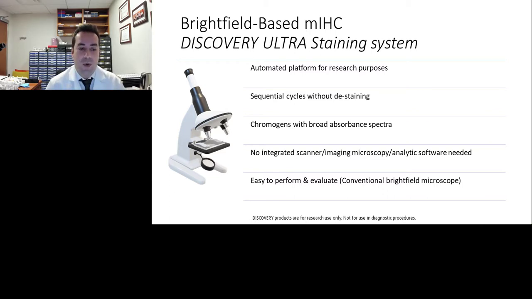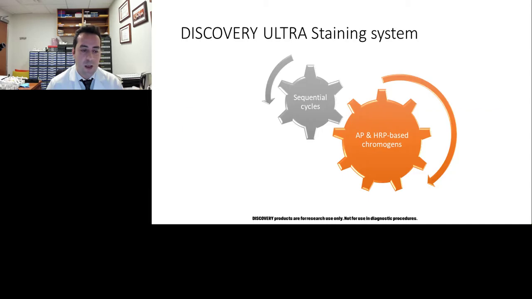It is easy to perform and easy to evaluate. You only need a conventional brightfield microscope to evaluate the end product. On the Discovery Ultra Staining System, you can combine AP and HRP-based chromogens in sequential cycles.